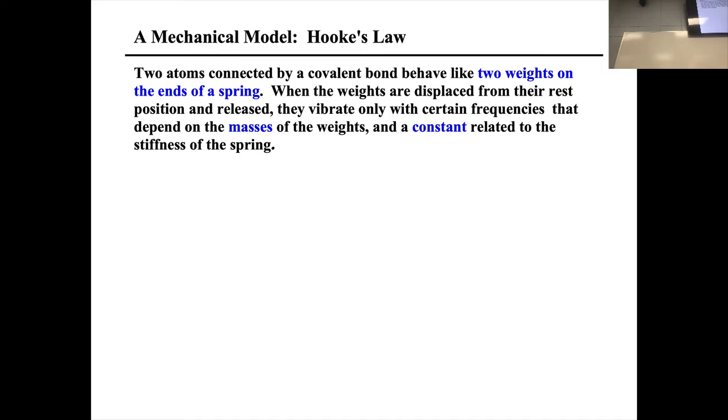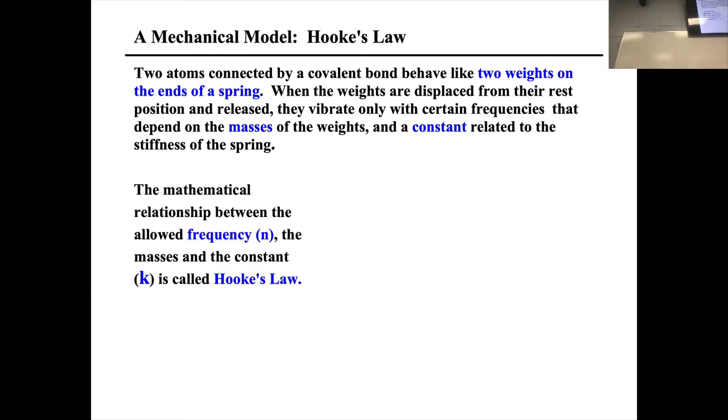And so if you ever did the experiment where you took two masses and you stretch it and you let it go, you'll notice that it vibrates with a particular frequency. A heavier mass, if I lower it down and release it, it will bob up and down like this. If I take a lighter mass and I stretch it and I let it go, it will do this faster, okay? And so we can actually measure that through infrared spectroscopy, okay?